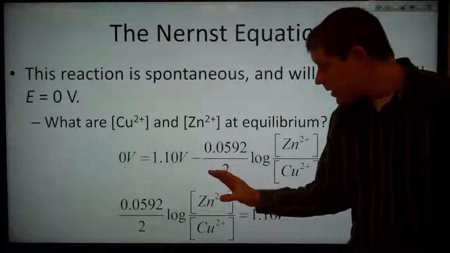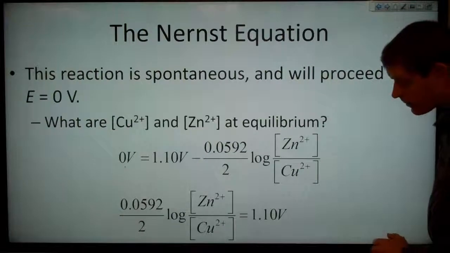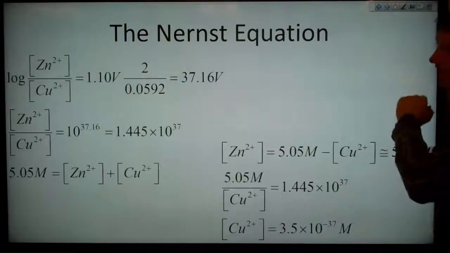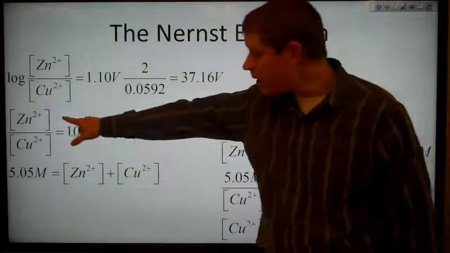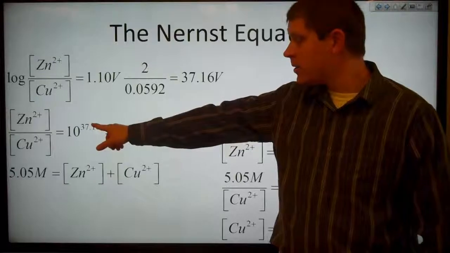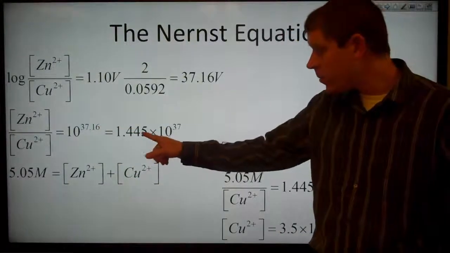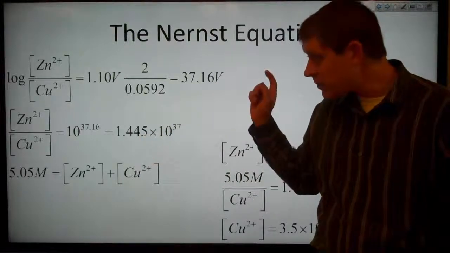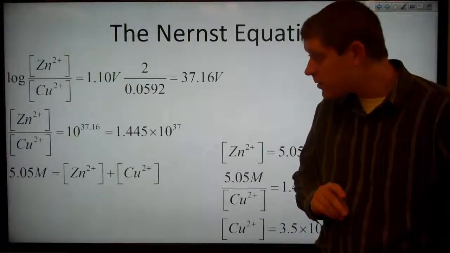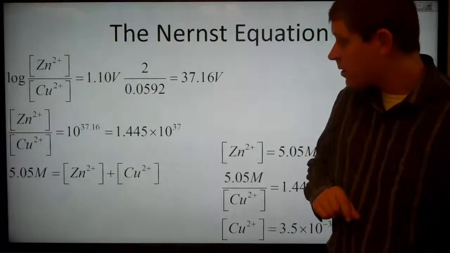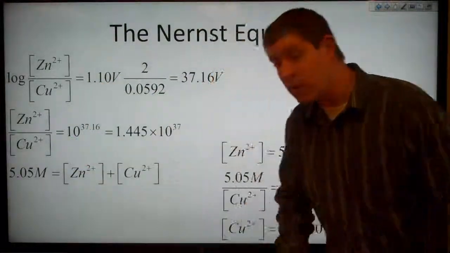We can rearrange this, move this whole term to the other side, getting rid of the negative sign, and then we do some more algebra. We get the ratio there is equal to 10 to the 37.16, which is 1.445 times 10 to the 37. That's a rather large ratio, which means that our zinc concentration is much, much higher than our copper concentration.